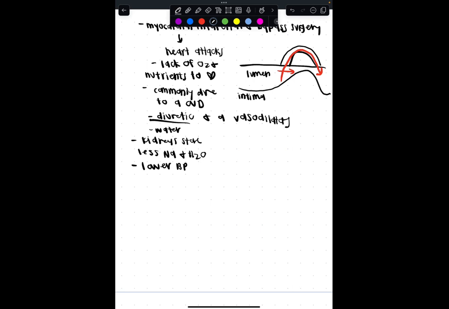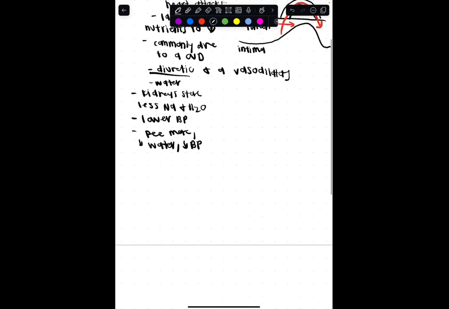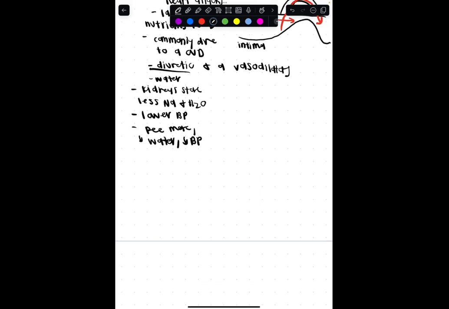And that's exactly what they do. So we pee more, we urinate more, which gets rid of water and lowers blood pressure. Why do we want lowered blood pressure, especially after something like a heart attack and a cardiac bypass surgery? The short answer is it makes it easier for the heart to work.